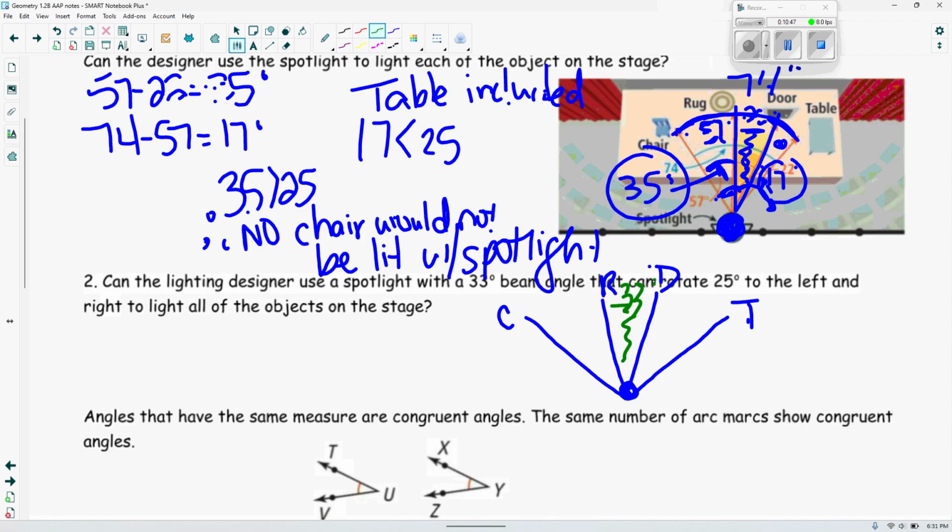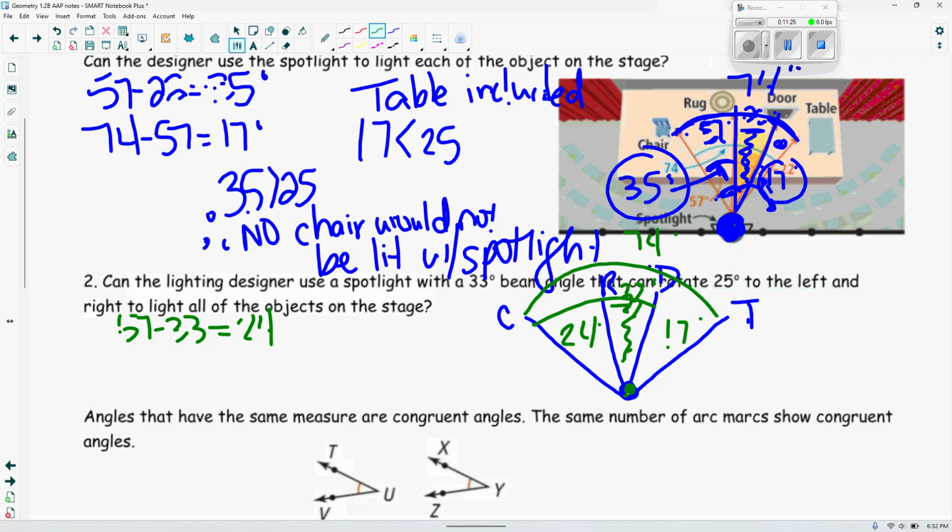Now would I be able to rotate and include everything? All the way across was still 74. And from the chair to the door is still 57. So if I do 57 minus 33, because now my spotlight covers 33, that tells me that it's 24 degrees between the chair and the rug. This over here hasn't changed. It's still my 17 degrees.